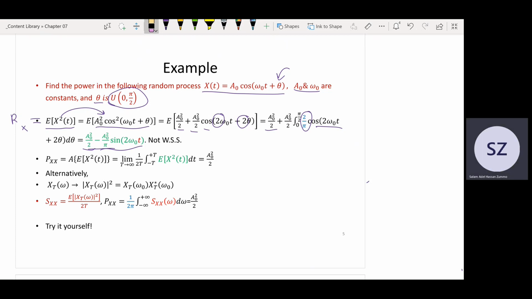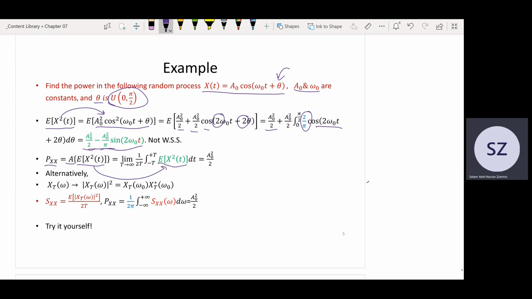Okay. So now, in order to find the average power, you need to take the time average. The average power is the time average of the expected value. The time average operator is the limit as t goes to infinity of 1 over 2t, the integral from minus t to t of dt, with whatever is inside going inside.